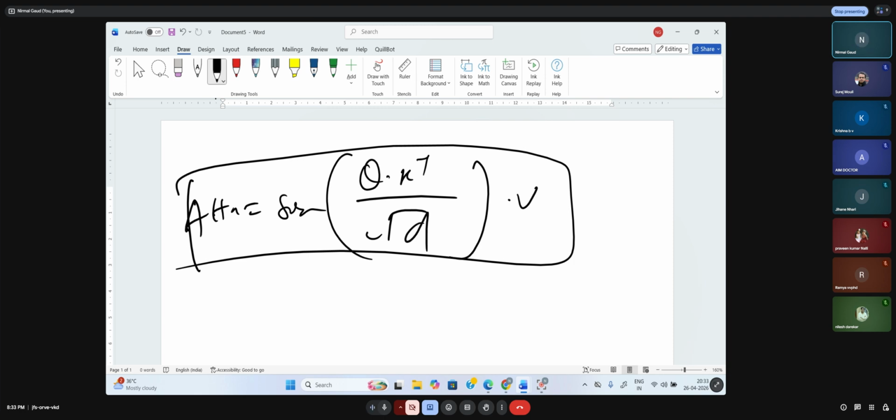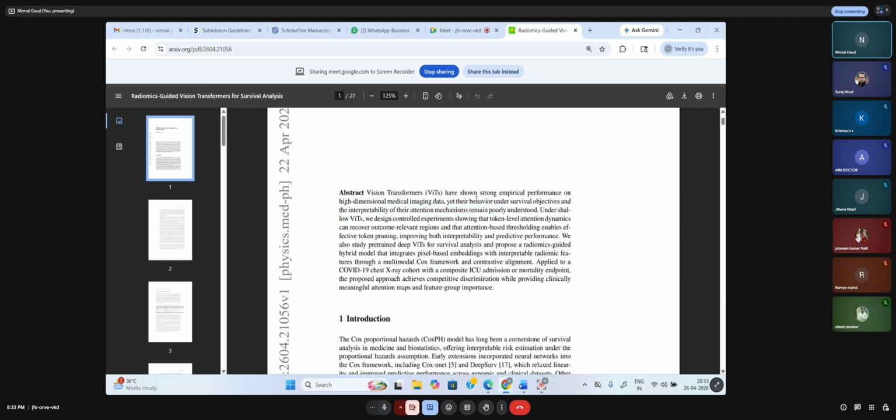Simple. So that's what the author thought: the behavior of survival and interpretability of attention remain poorly understood, difficult to understand.